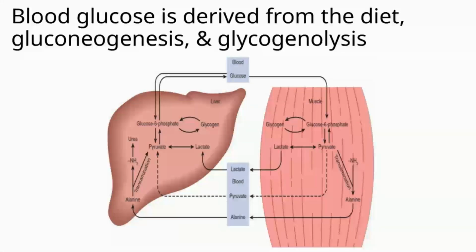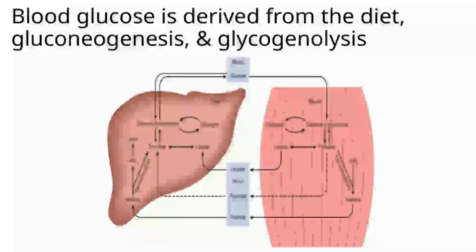And then there's glycogenolysis, which is the breakdown of stored glycogen in the liver into glucose. All of these processes work together to keep our blood glucose levels stable, ensuring our cells have the energy they need throughout the day. This balance is crucial for maintaining overall metabolic health and supporting our body's functions.